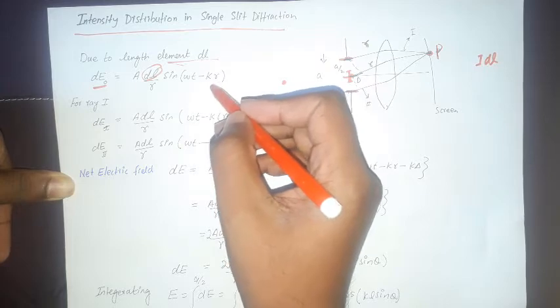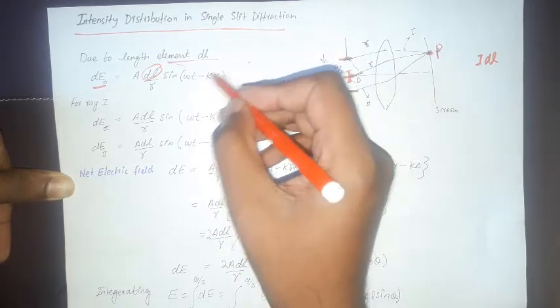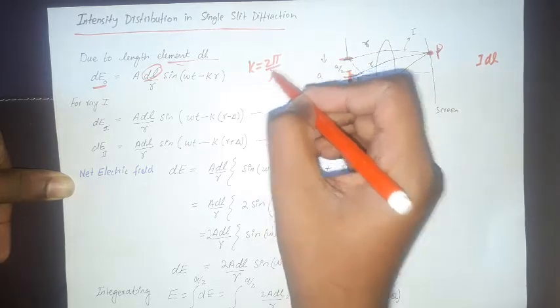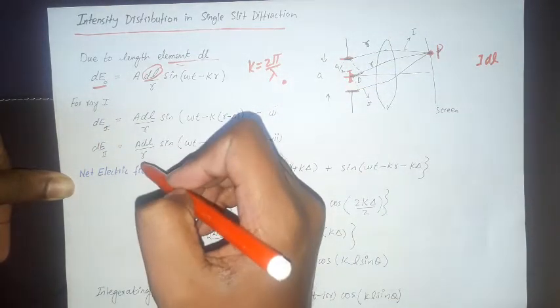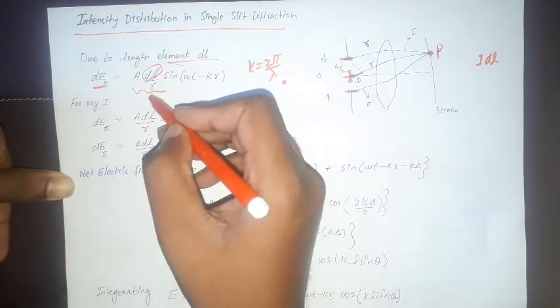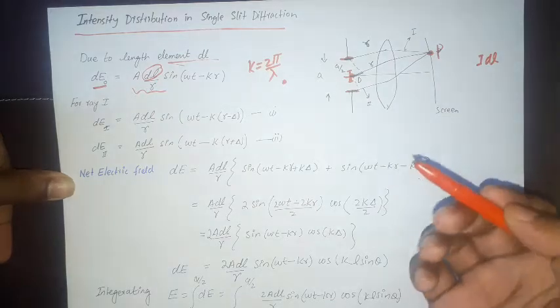Omega is the angular frequency and k is the wave number, given by 2 pi by lambda, r is the distance, and a is the proportionality constant, or you can say this entire thing is the amplitude of this field component.